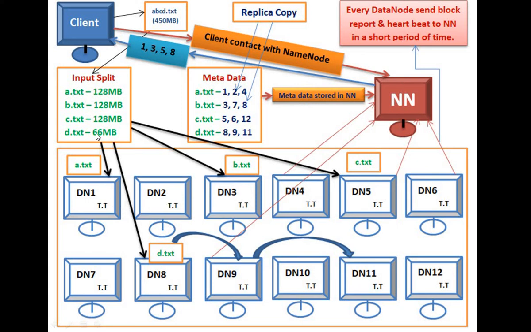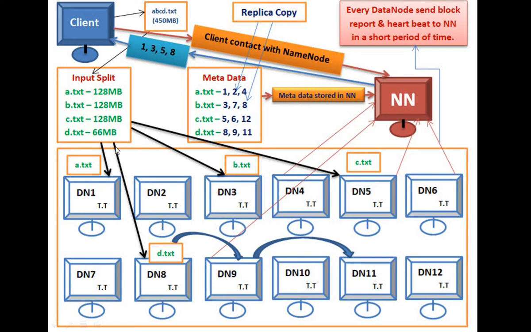In the same way, b.txt is put on data node 3, and its 2 replicated copies will be put on data node 7 and data node 8. It can be put on any other data node where a block is empty.